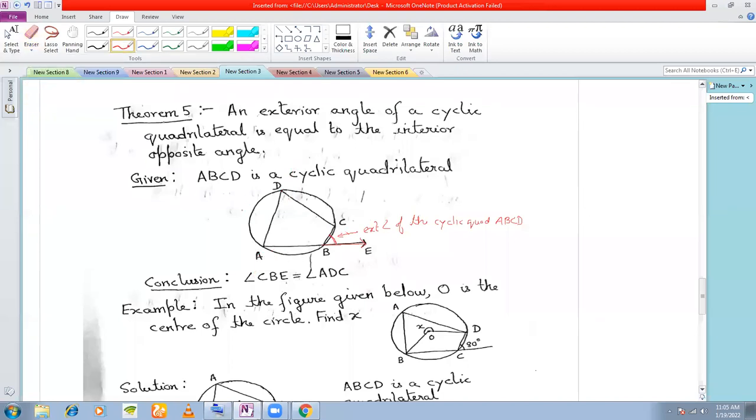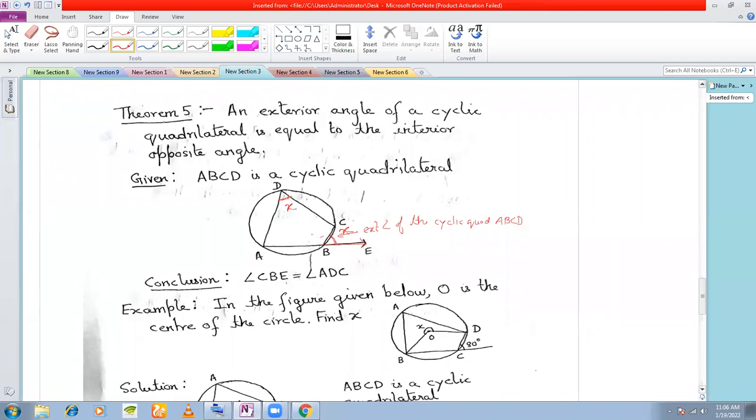Now, according to this theorem, this exterior angle will be equal to the interior opposite angle. So the corresponding interior angle is this one, and opposite to this interior angle is this angle. These two angles must be equal, right? If this angle is x, this angle will also be x, because one is the exterior angle and the other is the interior opposite angle.